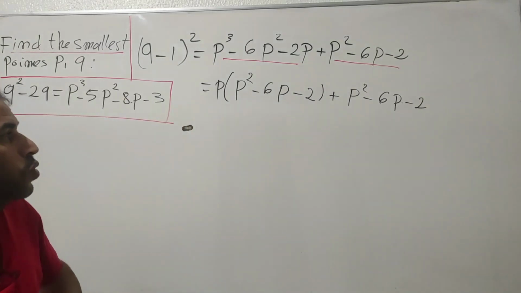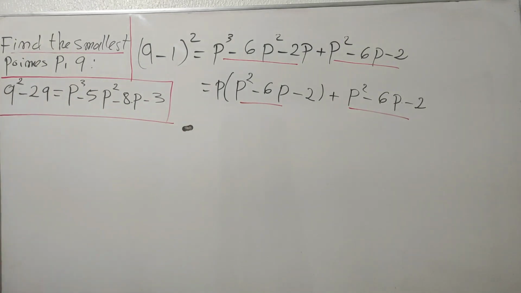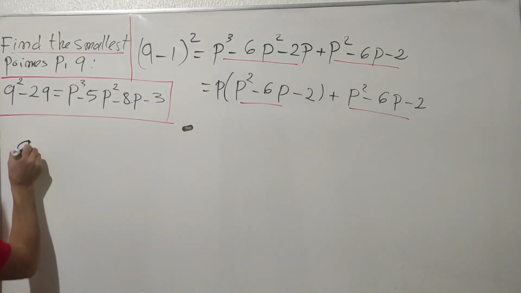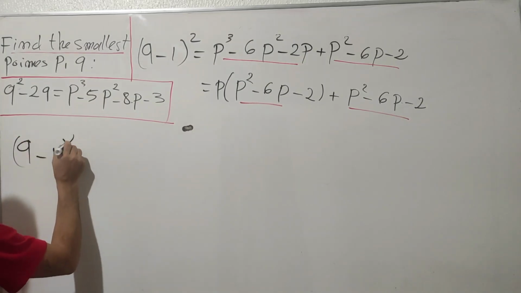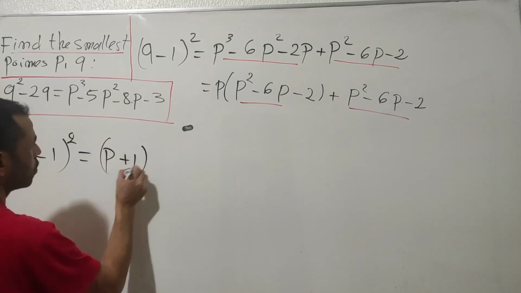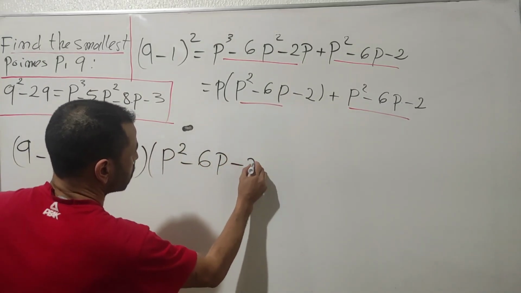Now it's more clear. We get a common factor here, this one and this one. Now we need to take it as a common factor. So we get (q minus 1) squared, which equals (p plus 1) times (p squared minus 6p minus 2).